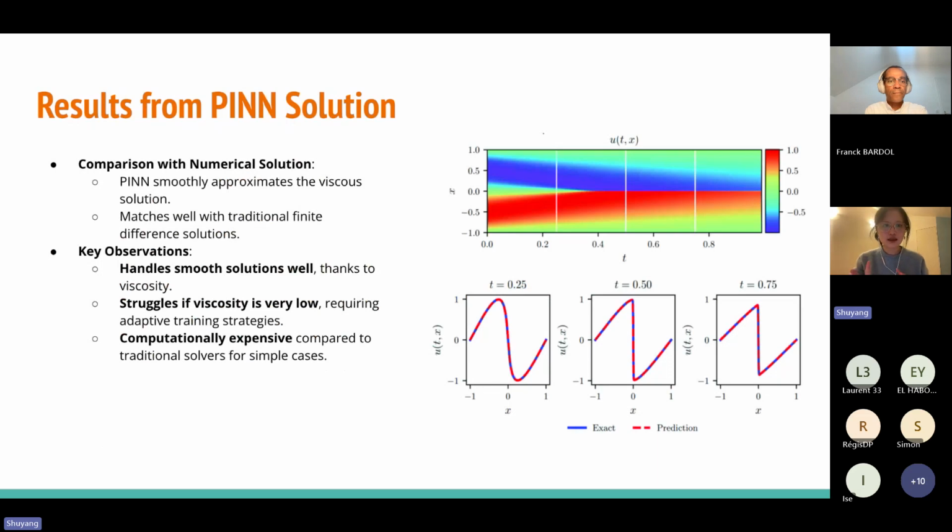As you can see, the solution approximated by PNN is really close to the real solution. And of course, it also matches the solution from the traditional finite difference method. However, another important observation is that it is computationally expensive compared to the traditional method.